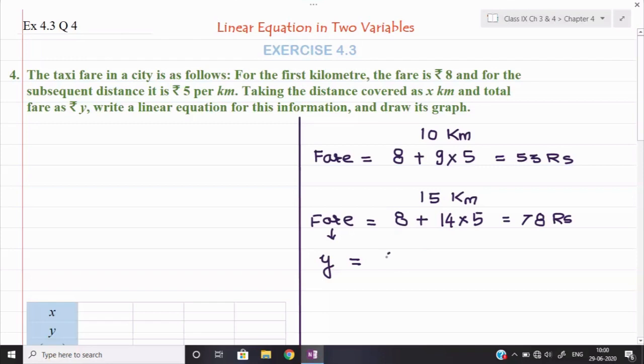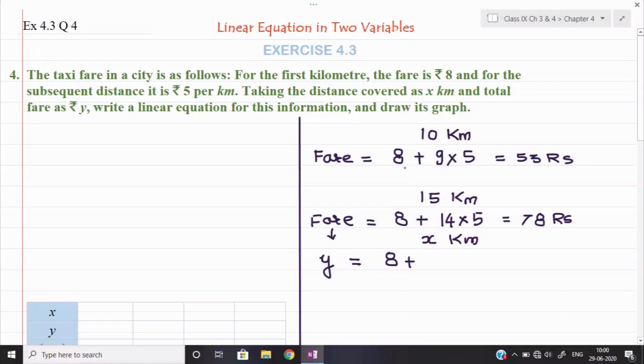So we shall write down 8 as it is, plus, now see, the total number of kilometers is x kilometers, meaning the person is going for x kilometers. You observe that if the person is going 10 kilometers, I have taken 1 less here. Why? Because he is paying 8 rupees for the first kilometer, so the first kilometer's charge is already paid.